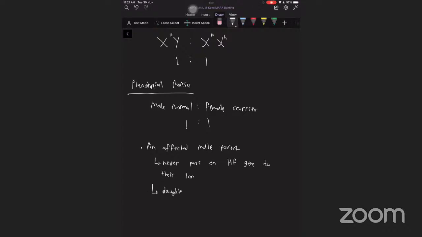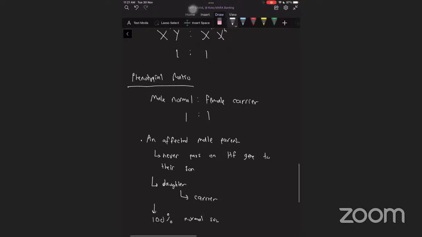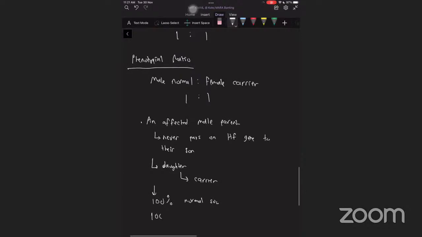But if the mother is normal, the daughter will be only a carrier. So in this particular set of parents, there is a 100% chance of having a normal son, but also a 100% chance of getting a carrier daughter.